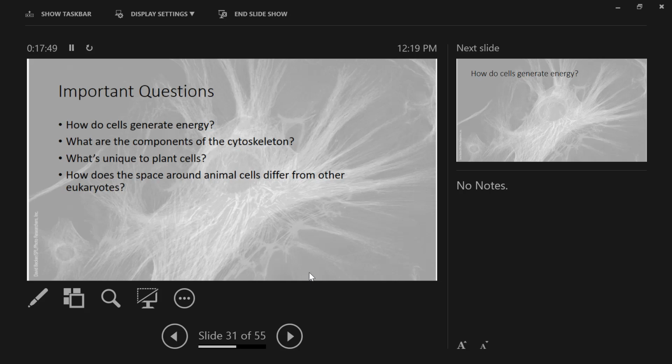Does it say cytoplasm? Yeah. Do they need energy from it, or is it just set? I mean, they have the vesicles.